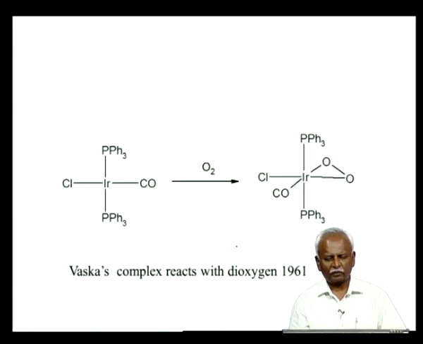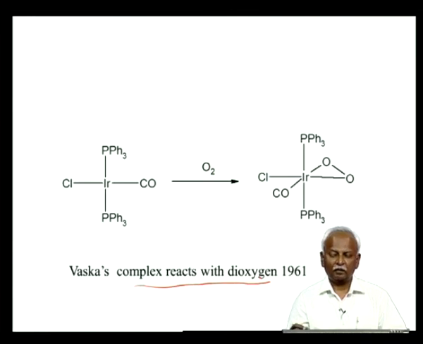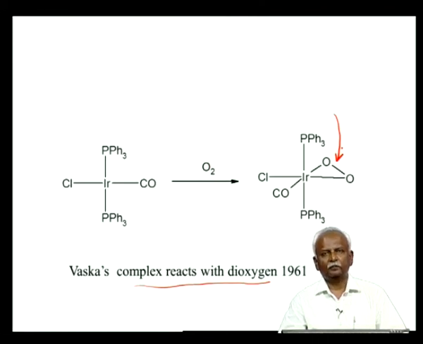Vaska's complex itself was the first one which was studied. It was treated with dioxygen way back in 1961, and that reaction was in fact studied by Vaska himself. What was shown was that the product has a cis addition, and the product has one oxygen-oxygen bond retained at the end of the reaction.